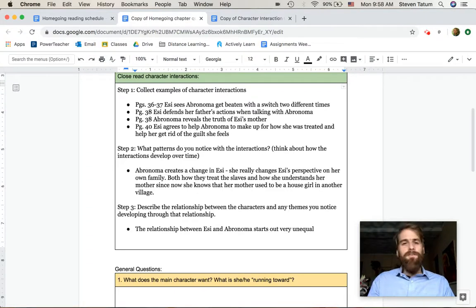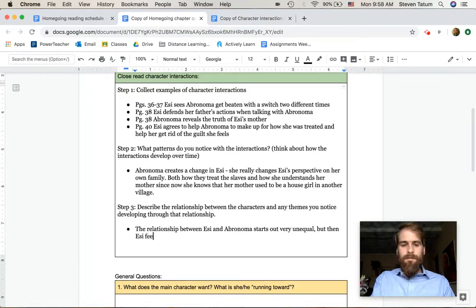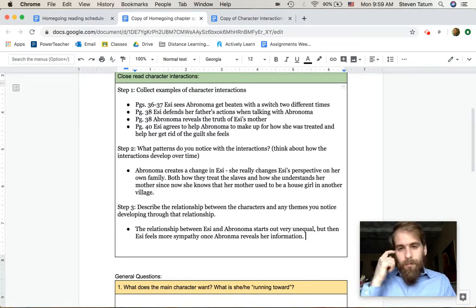Esi feels superior to her and doesn't have any sympathy for her. But then Esi feels more sympathy once Abronoma reveals her information about Esi's mother.